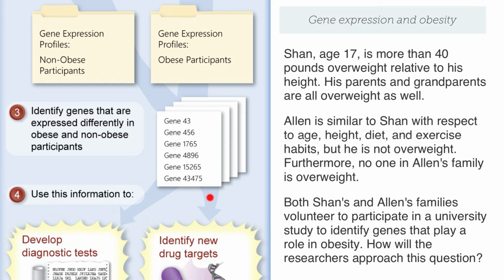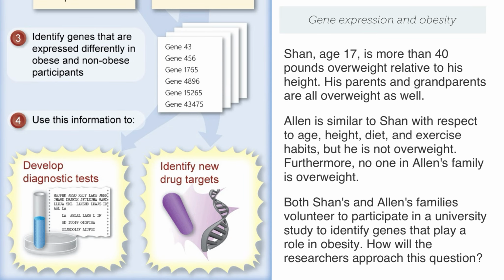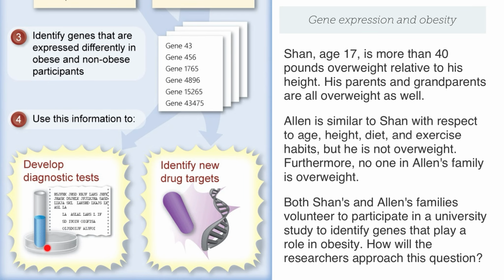If we see a certain pattern, we can tell and predict that this pattern came from the non-obese group or from the obese group. And as long as we can recognize such patterns, we can develop diagnostic tests. And we can also identify new drug targets, and these genes are going to be the drug targets.